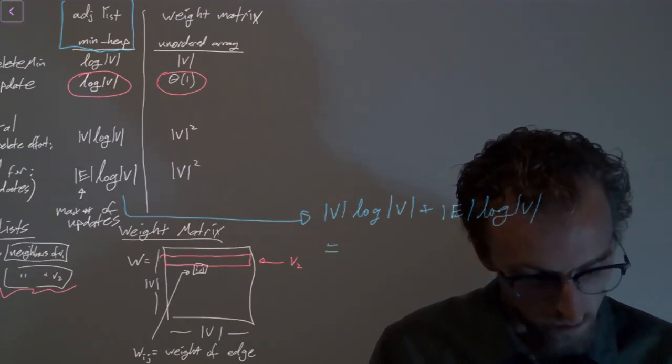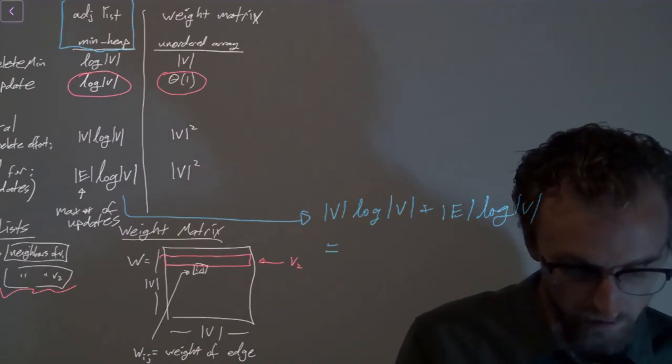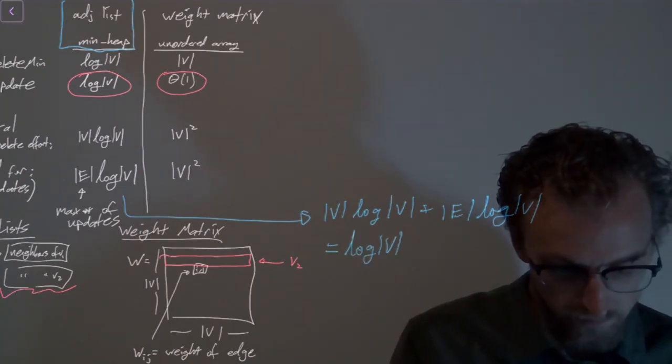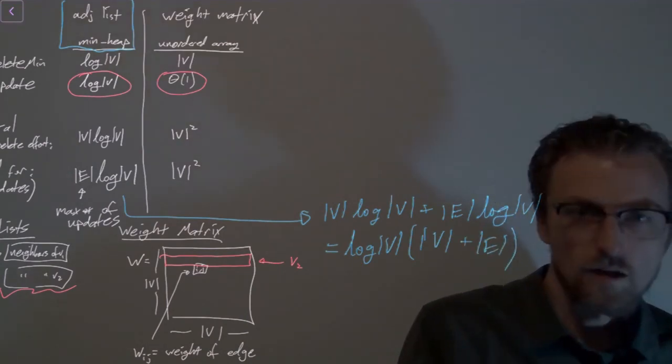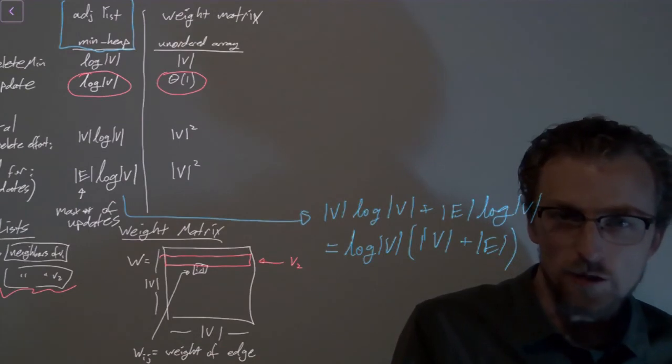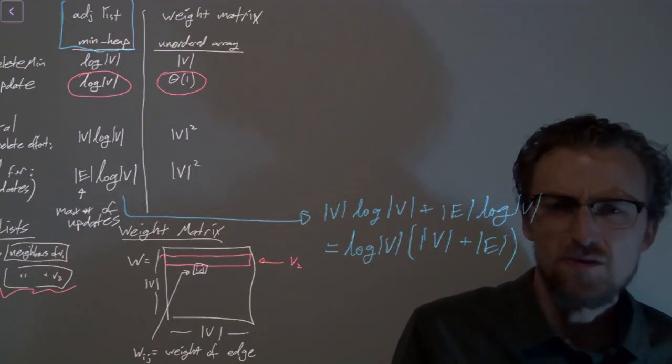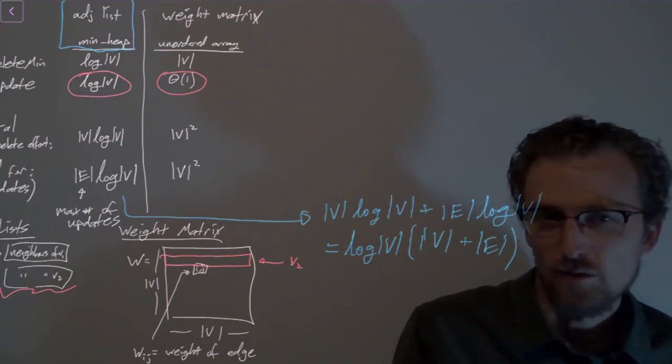I can factor out the log V, and I get log V times the number of vertices plus the number of edges. Well, what do I know about the relationship between the number of vertices and the number of edges? I know that the number of edges can't be less than the number of vertices.